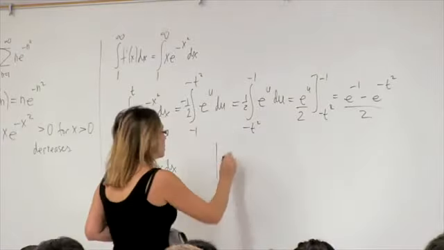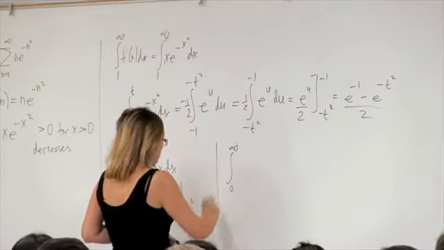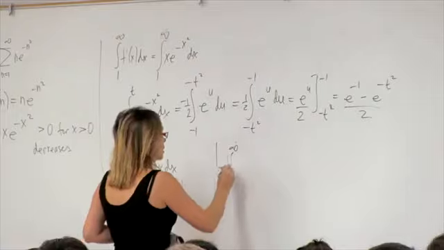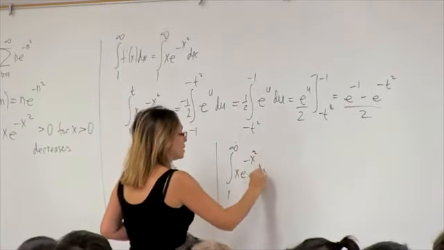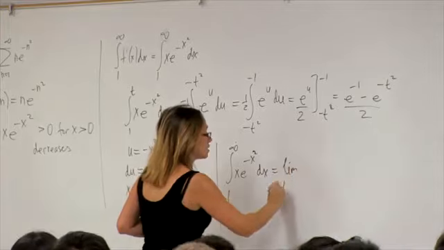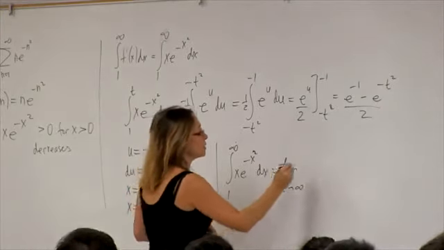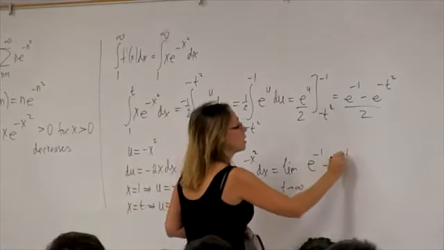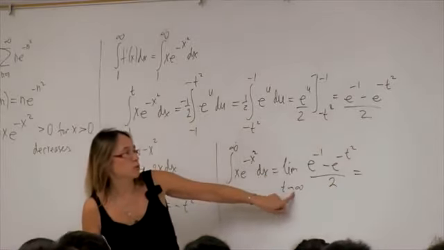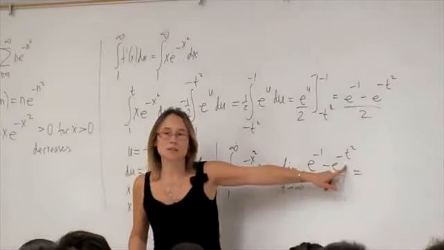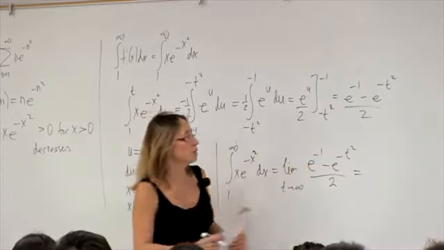Now the integral from 1 to infinity of x e to the minus x squared dx is the limit as t goes to infinity. So what's the limit? As t goes to infinity, this is a negative exponent, so it goes to 0.